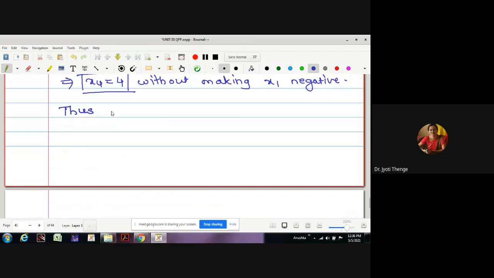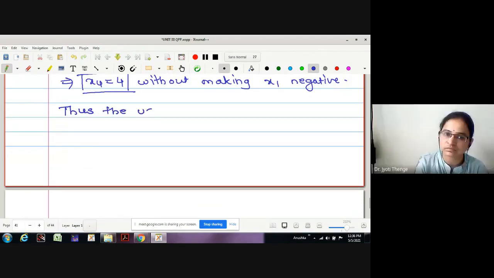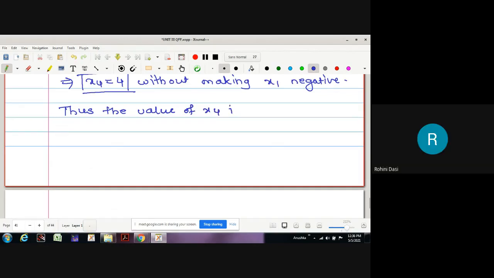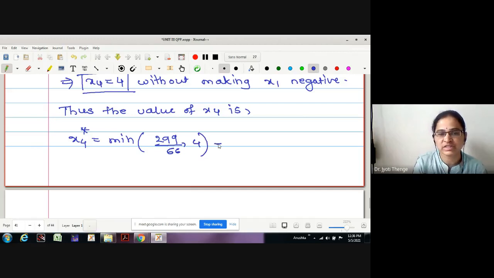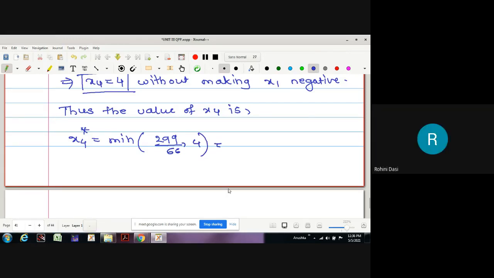How are we selecting? x4 star is the minimum of 299 upon 66 and 4. Which is the minimum value? 4. It is 4.